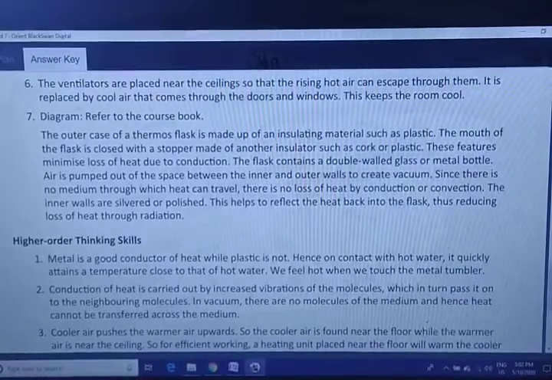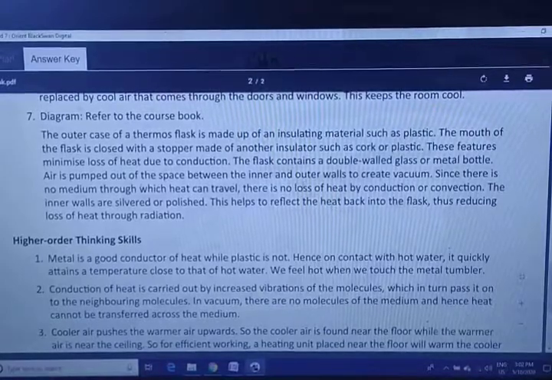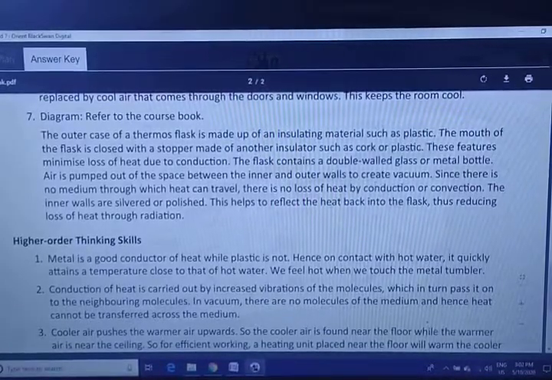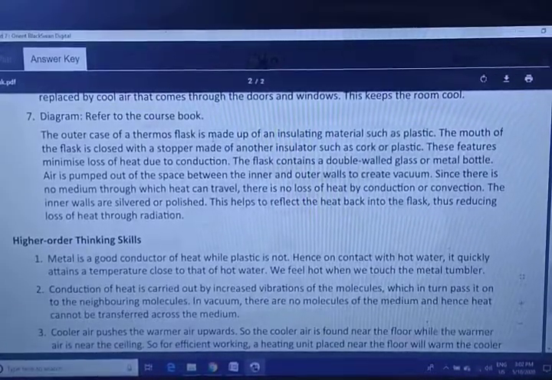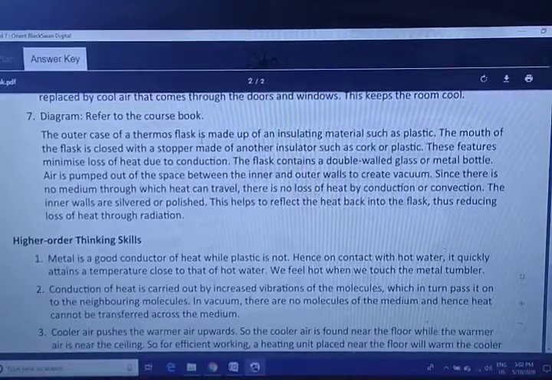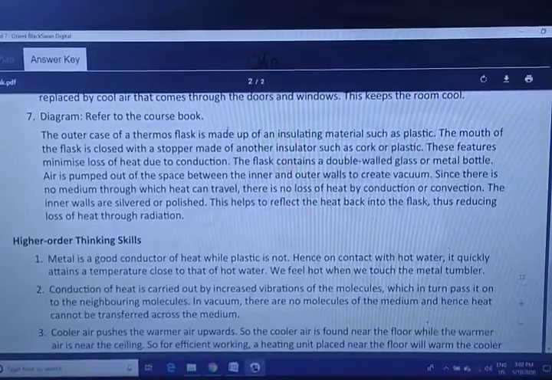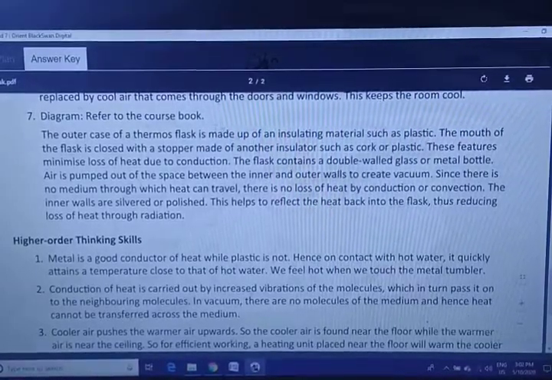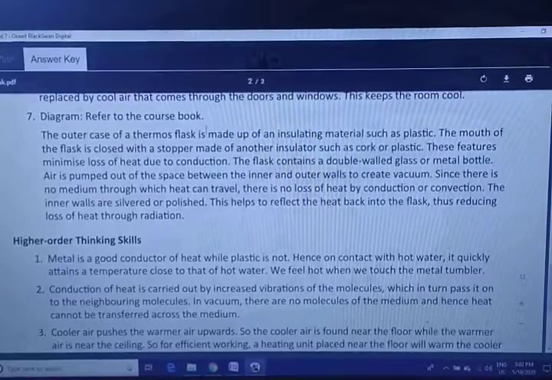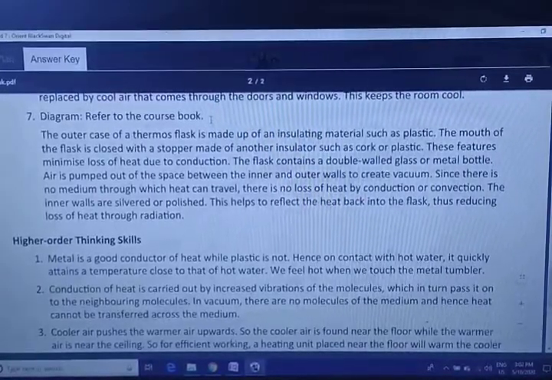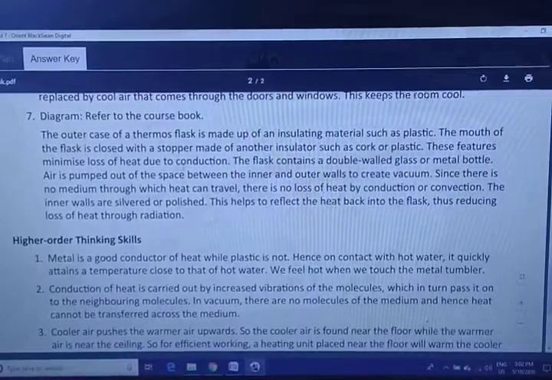Air is pumped out of the space between the inner and outer walls to create a vacuum. Since there is no medium through which the heat can travel, there is no loss of heat by conduction or convection. And the inner walls are silvered or polished. This helps to reflect the heat back into the flask, thus reducing the loss of heat through radiation.